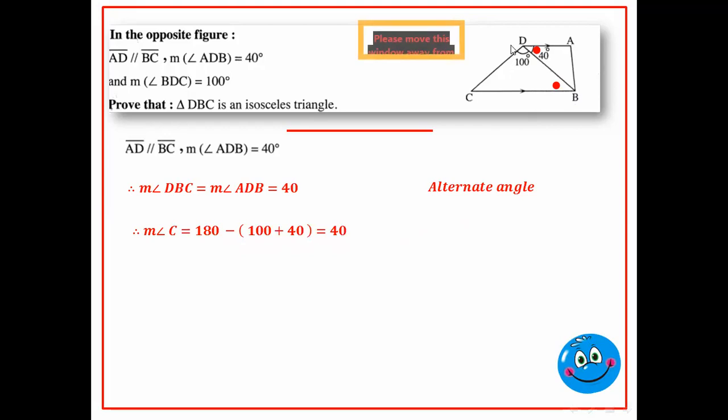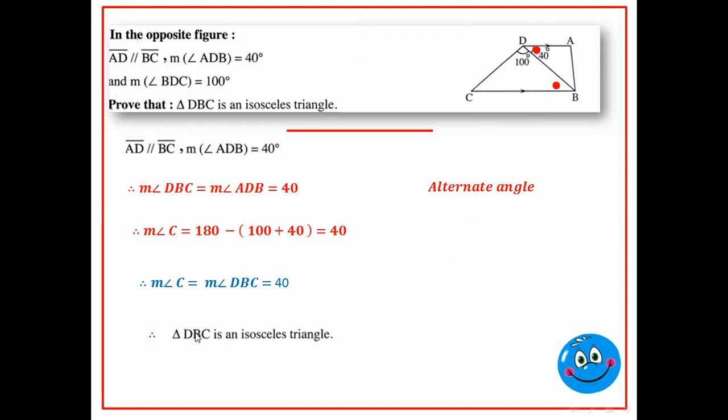Since the measure of angle DBC equals the measure of angle C, which is 40 degrees, the two base angles are equal, so we deduce that this triangle is an isosceles triangle. Why? Because we have two congruent angles. So triangle DBC is an isosceles triangle, as required.